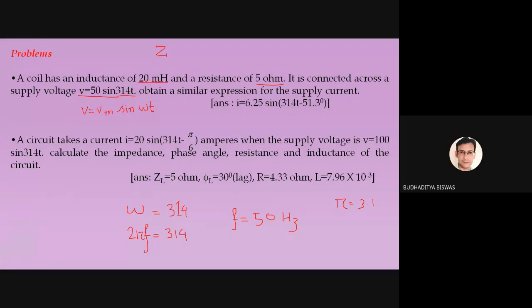And if the value of f equals 50, then what is 2f? 100 hertz. If we multiply 3.14 by 100, what is the value coming? 314. So if the omega value is 314, then definitely the frequency is 50 hertz.